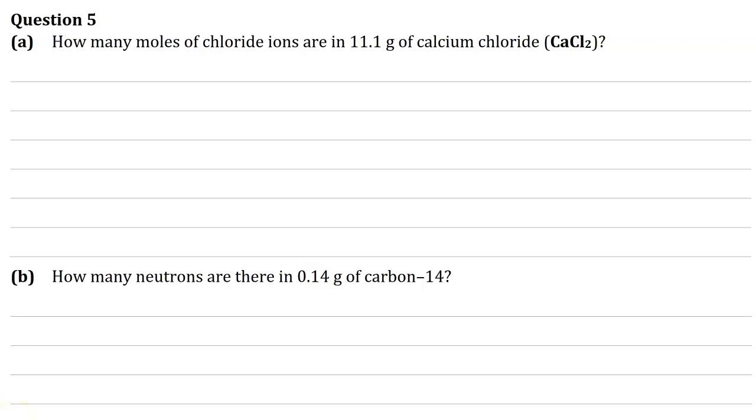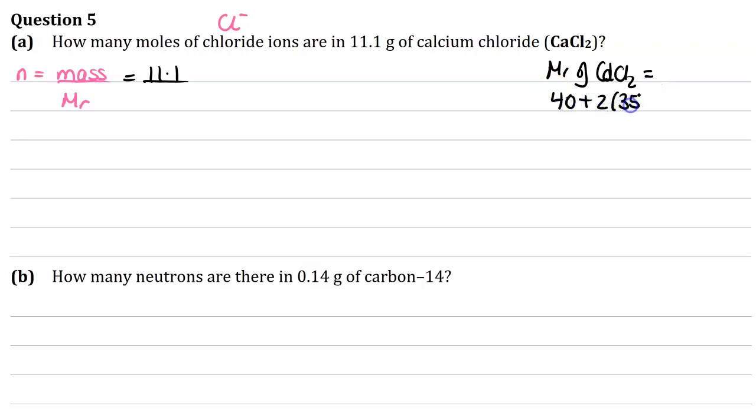Okay, so we're trying to find how many moles of chloride ions, which are Cl minuses, are in 11.1 grams of calcium chloride. So our formula, first of all, is we're given mass, so the first thing that must happen is that must be converted to moles, which is mass over Mr. So we have 11.1, and the molecular mass of calcium chloride, when you work it out, Mr of CaCl2 is equal to 40 plus 2 times 35.5.